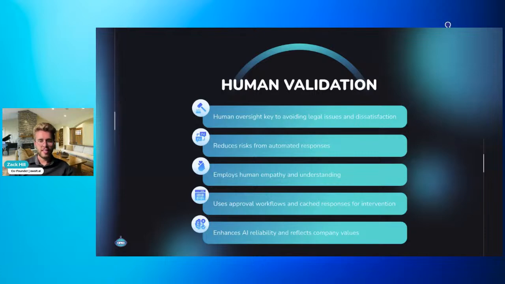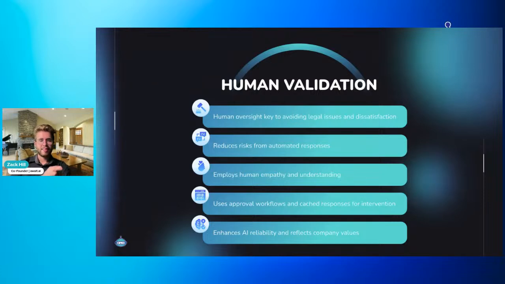Enabling a human team to oversee AI interactions is key to avoiding legal issues and customer dissatisfaction. Now, this approach mitigates risks associated with automated responses and capitalizes on the nuanced understanding and empathy that only humans can offer. So we've already explored mechanisms such as approval workflows and cache responses, which empower human intervention in curating and validating AI responses.